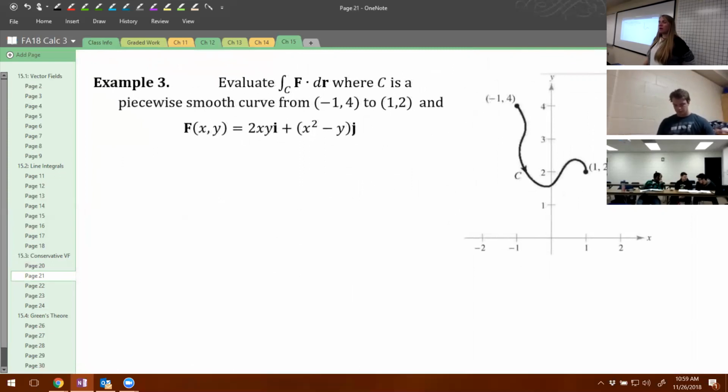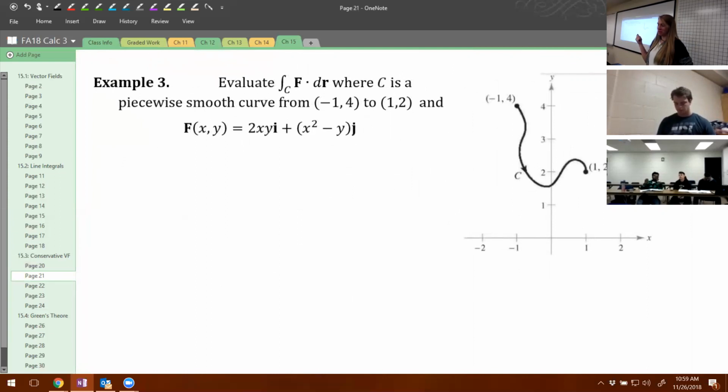Now, obviously, this one's going to be conservative because of the example we just did, but ignore that for a minute here. If we didn't know conservative vector fields had this nice little shortcut, we'd have to go through and find a parametric equation for this curve. How would we even start doing that? Does this curve look like a function you can name easily?